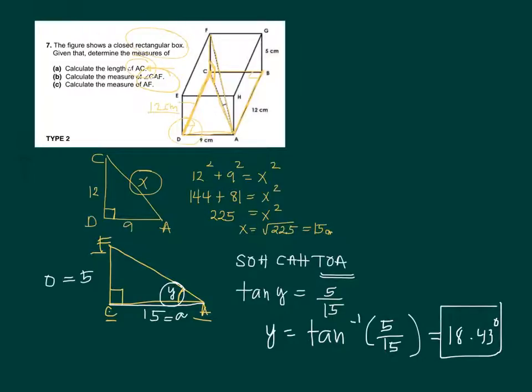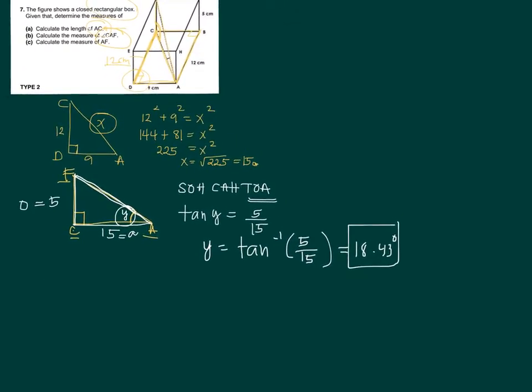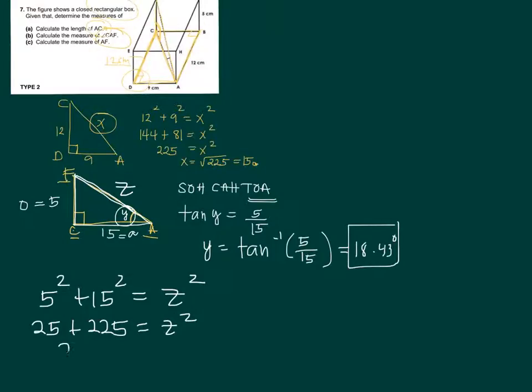Finally, we want to calculate the measure of AF. AF is also a side of the triangle CFA, or ACF, or FCA. And the two sides are already given, so all I have to do is use the Pythagorean theorem. So using the Pythagorean theorem, I have 5 squared plus 15 squared is equal to FA, let's call it Z, so Z squared. So this is 25 plus 225 is equal to Z squared. 225 plus 25 is 250, so this is Z squared.